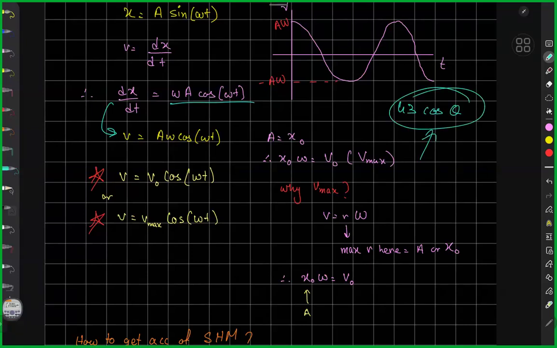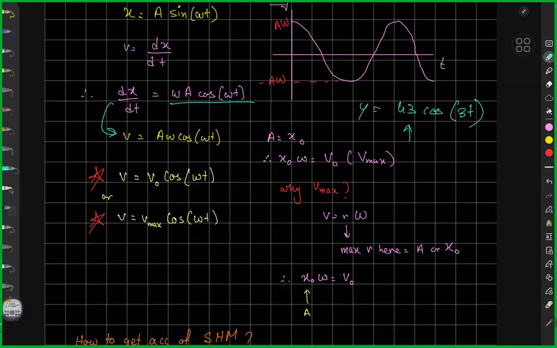What is the amplitude of this? 43. Perfect, 43. What is the amplitude of this? 43. Nothing changes. Whatever is in front of the trigonometric function is the amplitude of the function itself.